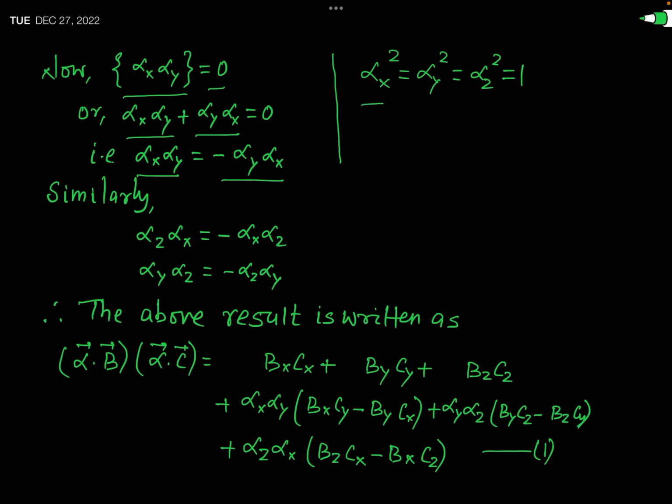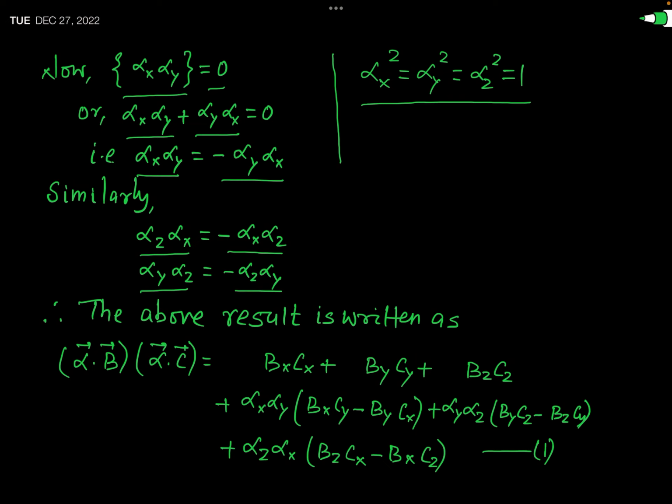And I have written here, you can see the square of these matrices is equal to 1, which we have learnt in the previous lecture. Now similarly you can say that alpha z alpha x is equal to minus alpha x alpha z, because any pair of these three matrices anti-commute. Okay. And alpha y alpha z is equal to minus alpha z alpha y.